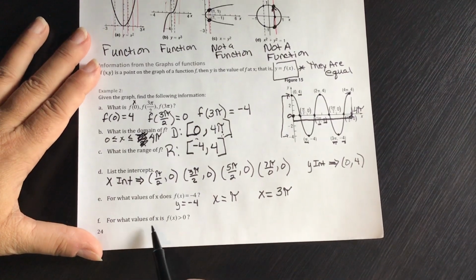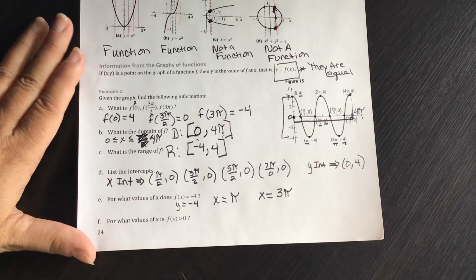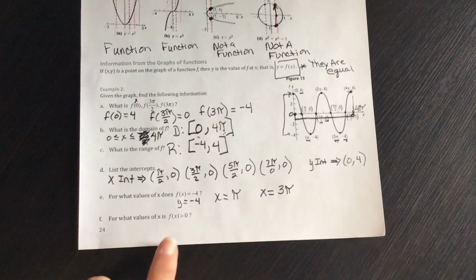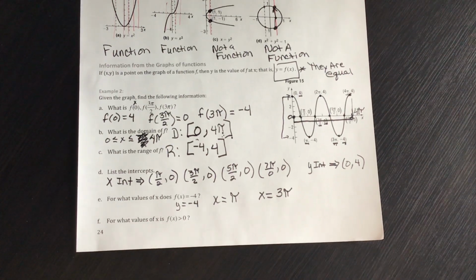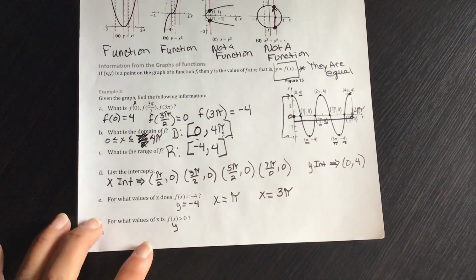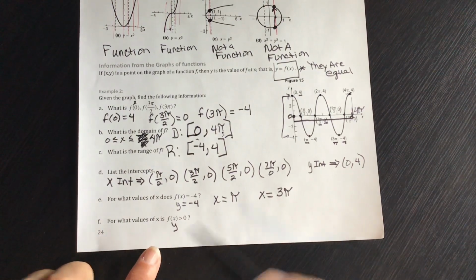Now it says, for what values of x is f of x greater than 0? If I look at my function, remember f of x is y, and I want to know where y is greater than 0.